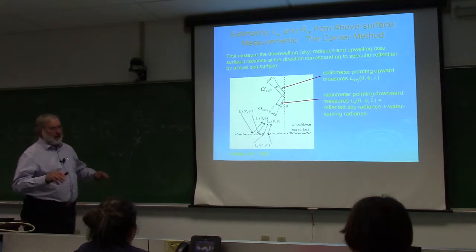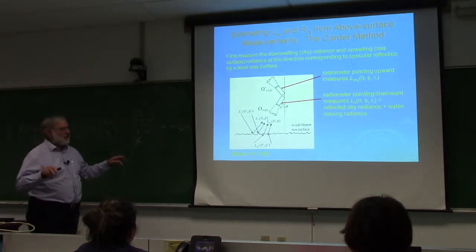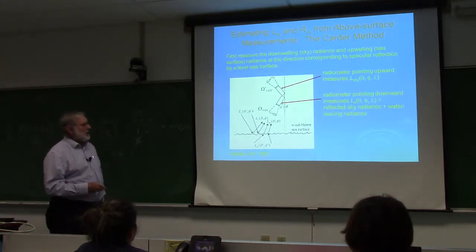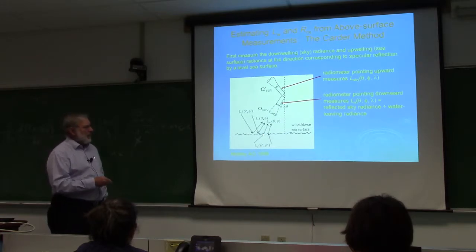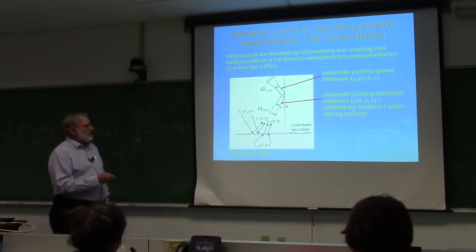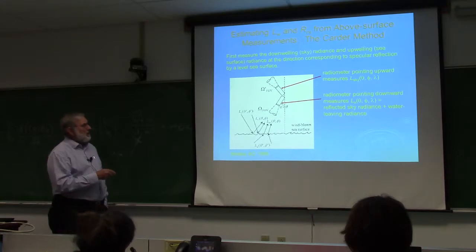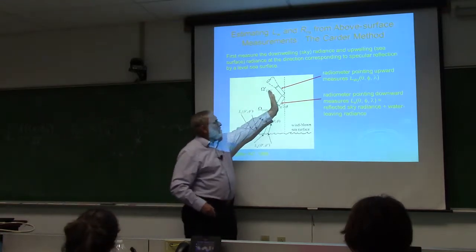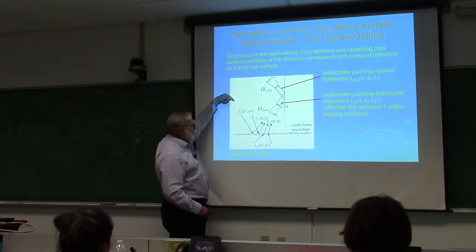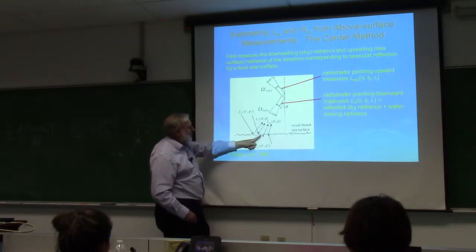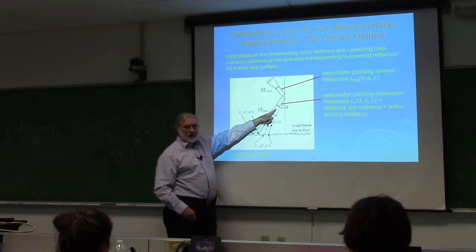But the old classical technique, which now gets called the Carder method, was by Ken Carder, where you're looking down at the ocean and you see the total coming up, which is surface reflected and water leaving, and so you make that measurement. Then you look at the angle upward, that if the surface were exactly level, a mirror surface, that would be the angle that reflects directly into your sensor.